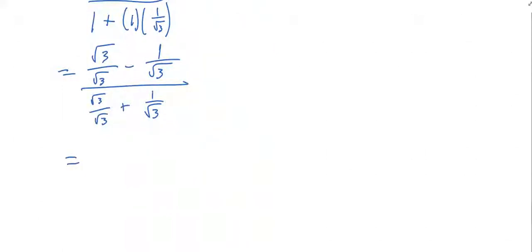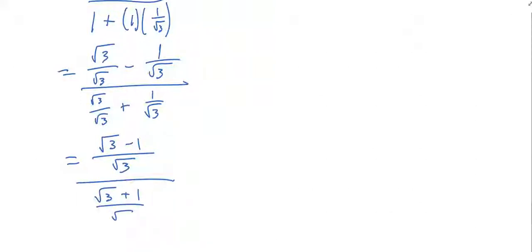And then I do this. Root 3 minus 1 all over root 3, all over root 3 plus 1 over root 3. There's a step here where you would flip and multiply. I'm going to skip it. I'll show it to you, but I'm actually going to skip it.